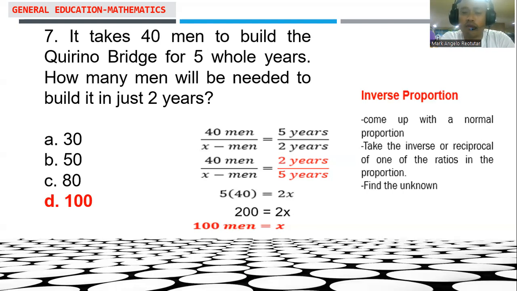But we are looking for the value of x, so we need to multiply 1/2 to both sides so that it will lead you to a value of 100 men. So in this particular case, in order for us to build the Quirino Bridge in just 2 years, we need 100 men. So this is item number 7. The answer here is 100.